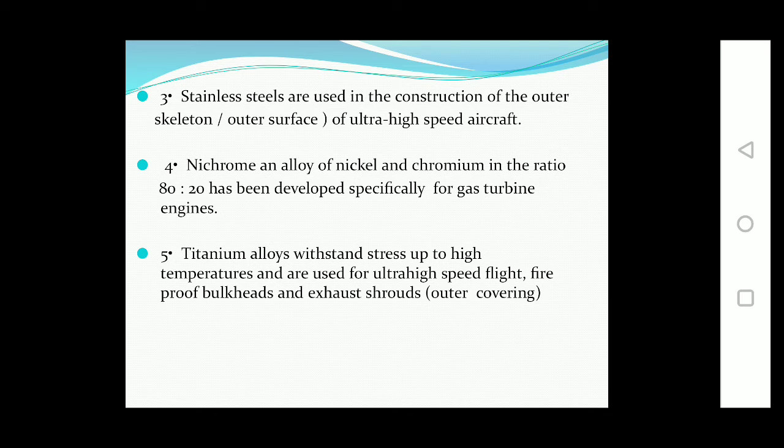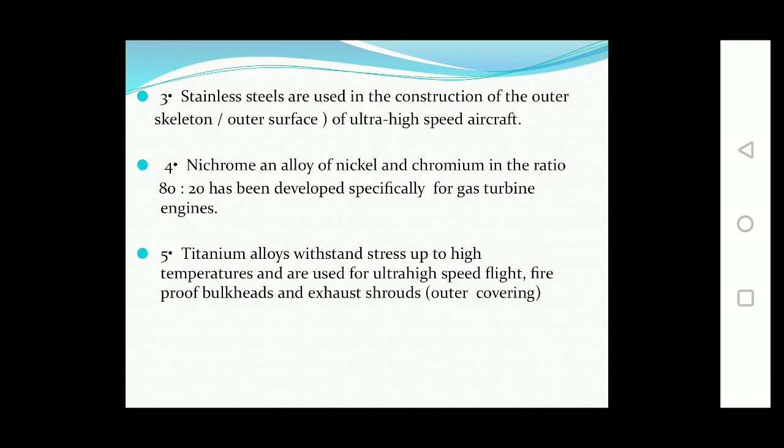One more example, titanium alloys. These again withstand stress of high temperatures, and hence they are also used for ultra high speed flights as well as in fireproof bulkheads and exhaust shrouds. What are exhaust shrouds?